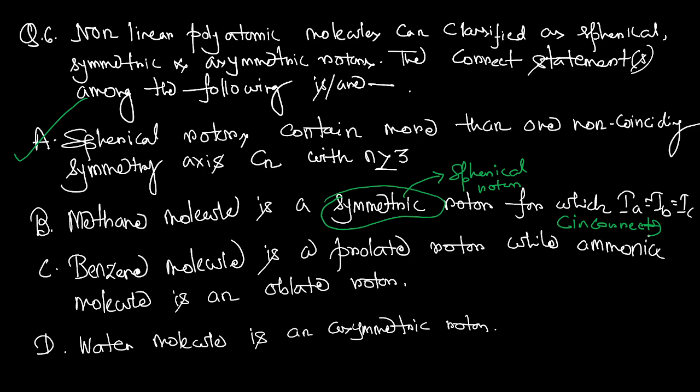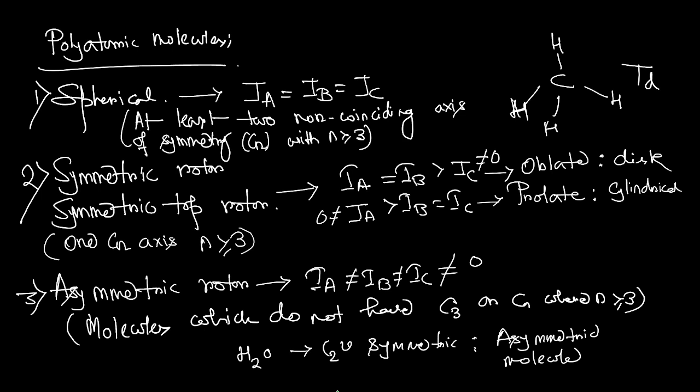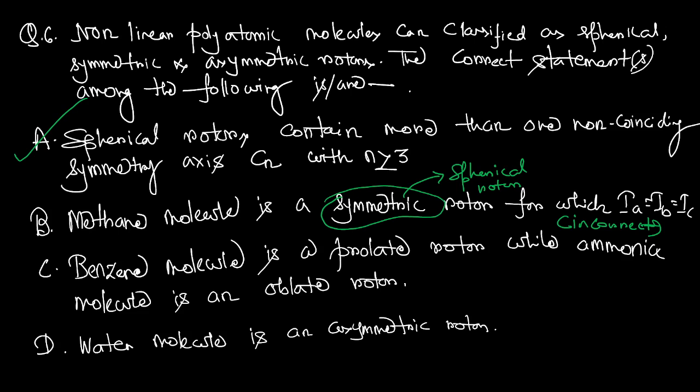Now benzene is a prolate rotor while ammonia is an oblate. As I mentioned here, the oblate molecule is a disc-like shape. As you know, benzene is a flat molecule. You can compare it to a disc type of shape having C6 as a principal axis. So benzene is oblate, whereas NH3 will be prolate.